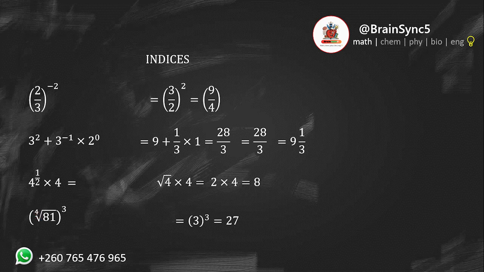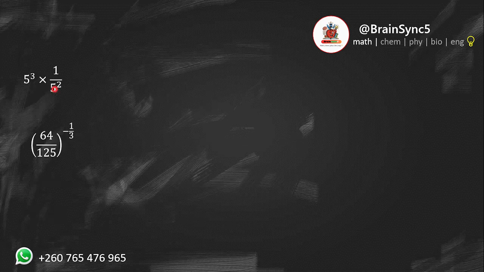Now I'm sure some of you can recognize this question, which is 5 to the power 3 times 1 over 5 to the power 2. This question is simple because all you have to do is this. Do you remember when I told you that to remove the negative power, you introduce 1 over? So this one is no different from that. So how to answer this one?